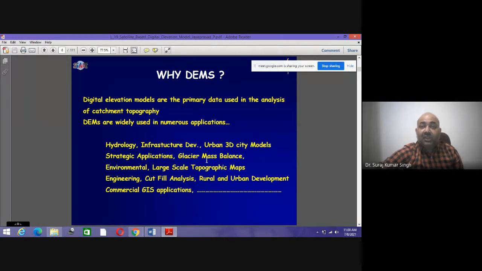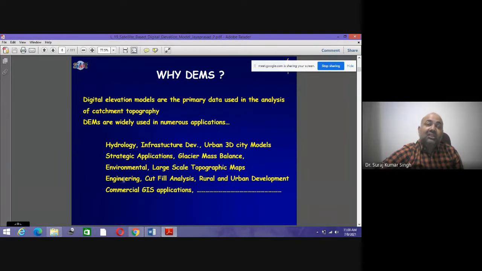Thereafter, glacier mass balance studies, environmental studies, whether you talk about forest fires, biodiversity conservation, or habitat suitability, all will require a digital elevation model. Thereafter, large-scale topographical maps will be produced.